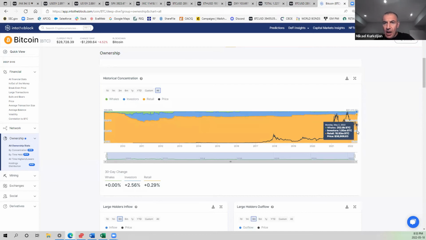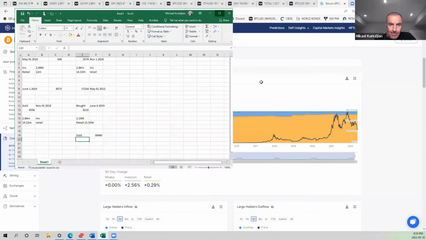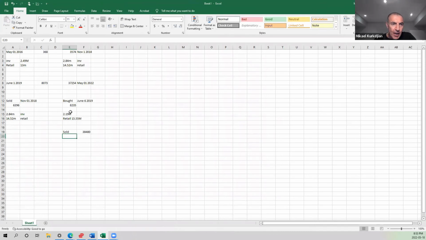On May the 2nd, the investors were at 1.95 million Bitcoin, and the retail was at 18.93 million Bitcoin. If we go back to our chart from before, we knew that the investors had sold on November 1st, 2018, and bought back on June the 6th, 2019.